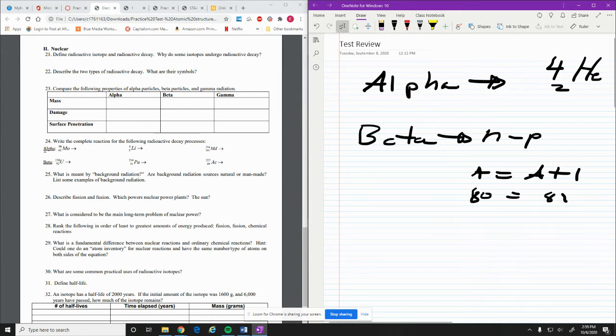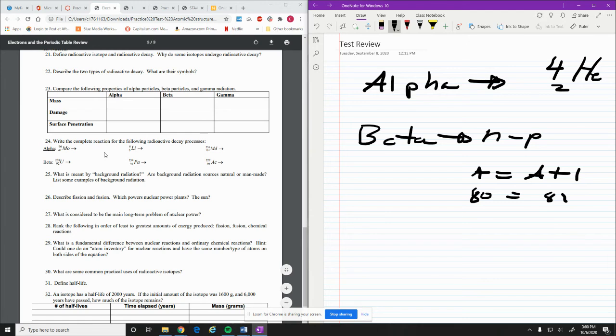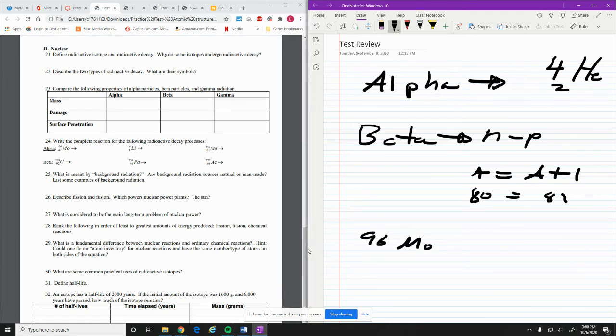So let's solve one for each. If we're solving an alpha, we know that this is 96 MO and the atomic number is 42. We know that the two daughters it's going to have is going to be a helium, He 2, and then we're trying to figure out what that element is.